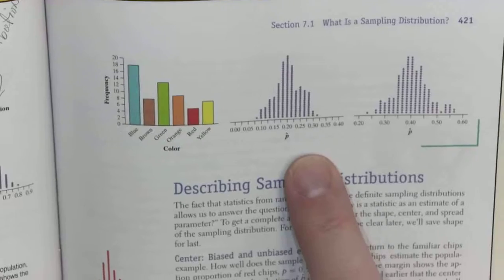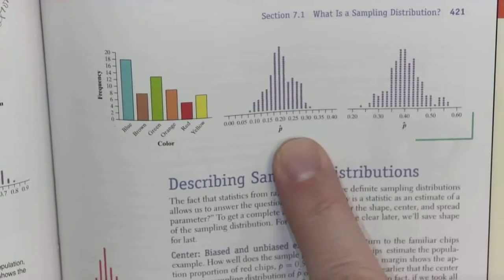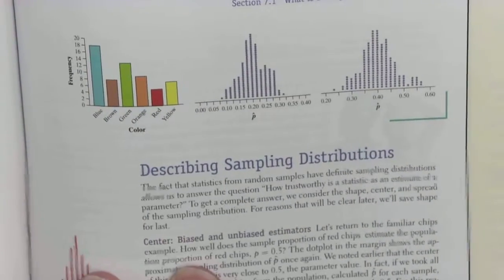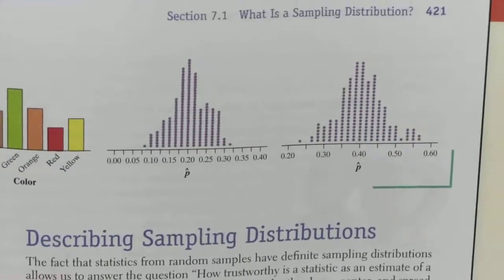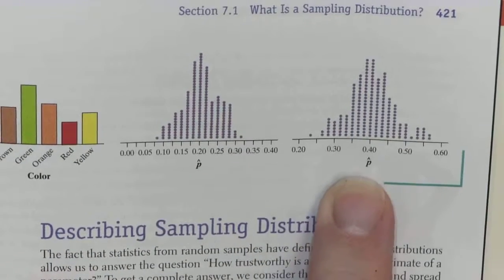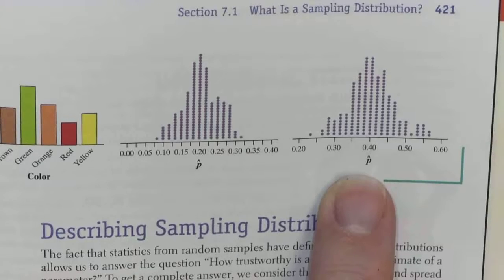Now, what's the difference between this graph and this one? Can you guys tell? I can make it bigger, maybe. Can you tell the difference between this graph and this graph? It's distributed more, the second one.